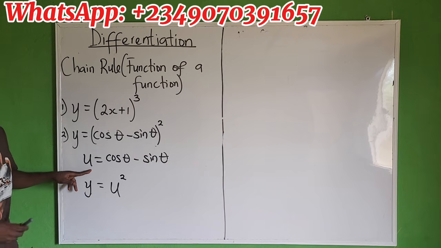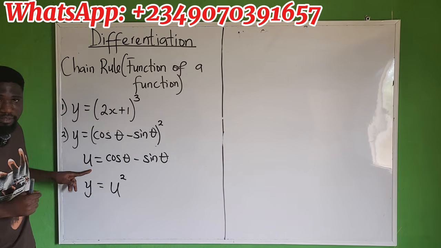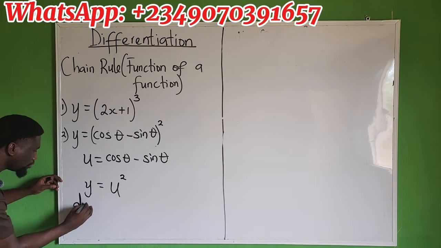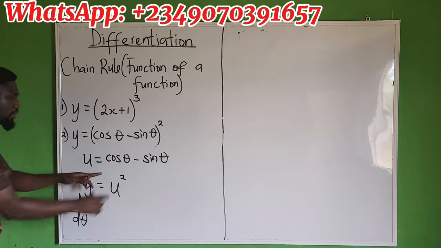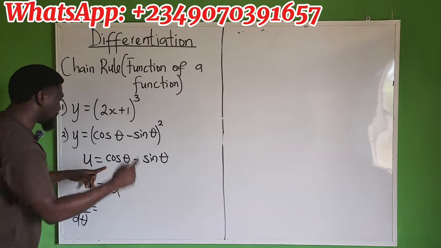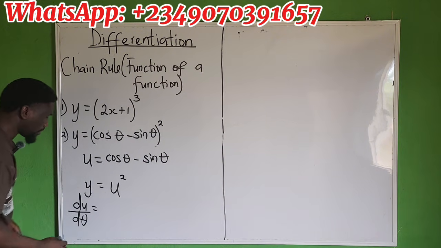So what's the next thing? For this, I am going to differentiate u with respect to theta. So this is going to give us du over d theta. Let's say this one is x. Maybe we have cos x minus sin x. Then we are going to differentiate u with respect to x. Alright.